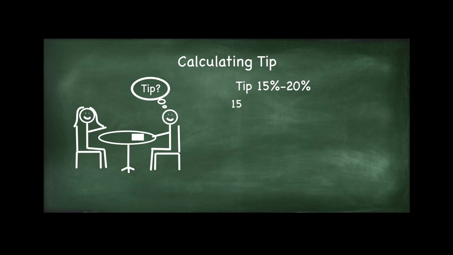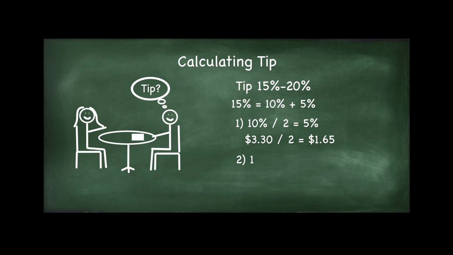To find a 15% tip, you can follow a similar procedure, but instead of multiplying the 10% by 2, you add half of the 10%, which is 5%, to the 10%. In this case, of a $33 bill, we already know that 10% of 33 is $3.30. Then if we take $3.30 and divide it by 2, we get $1.65, which is 5% of 33.